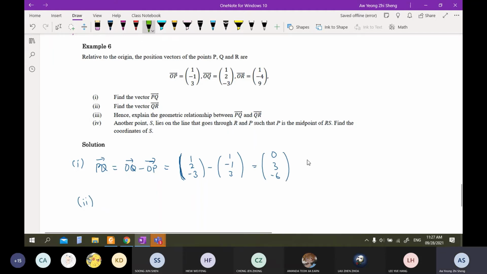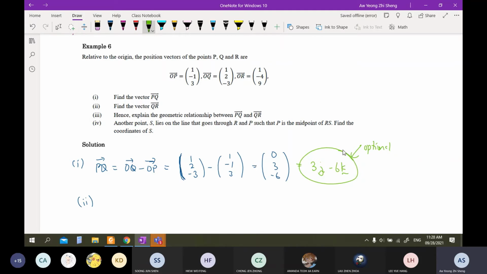Whether or not you want to convert it into the IJK form, this would be 3J minus 6K. Converting to IJK form is optional, because the question didn't say that your answer must be in terms of IJK.